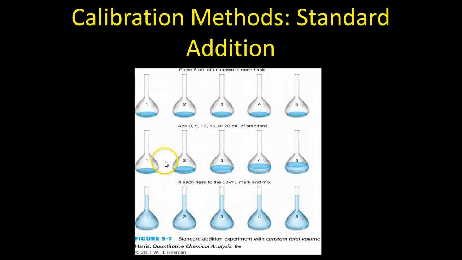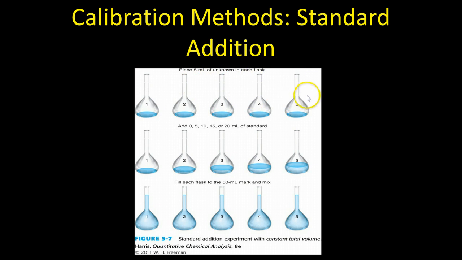How this works is you start with your sample. This is a picture of a volumetric flask, and you add an aliquot of your sample to each one of these. Remember, there are some examples where you really want a precise volume, so you might take a volumetric pipette and add the same volume of your sample into each one.